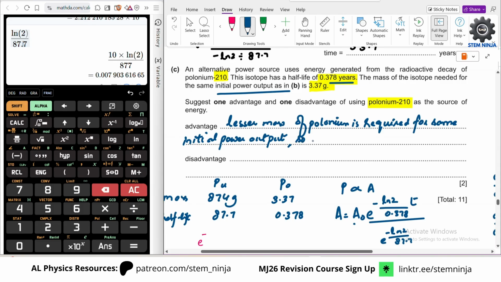So a lesser amount of mass is required for launch.